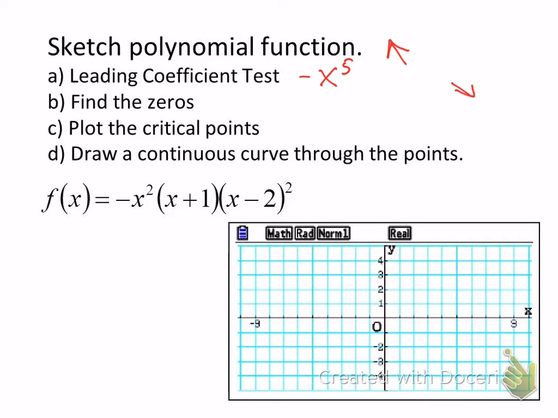The zeros are at 0, and that has a multiplicity of 2, and it has a 0 at negative 1, and that's going to have a multiplicity of an odd, and then 2 is also an even.